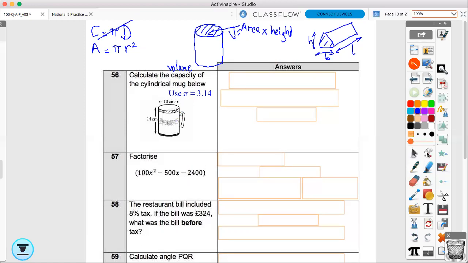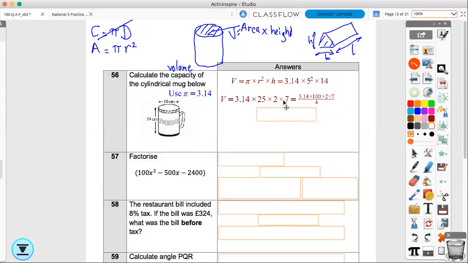So first things first, you need to calculate the area, pi r squared, times the height, and that would give you 3.14 times, remember, the radius here is half d, which is 5, times 14. If you do the calculation, you would get 3.14 times 25 times 2 times 7.